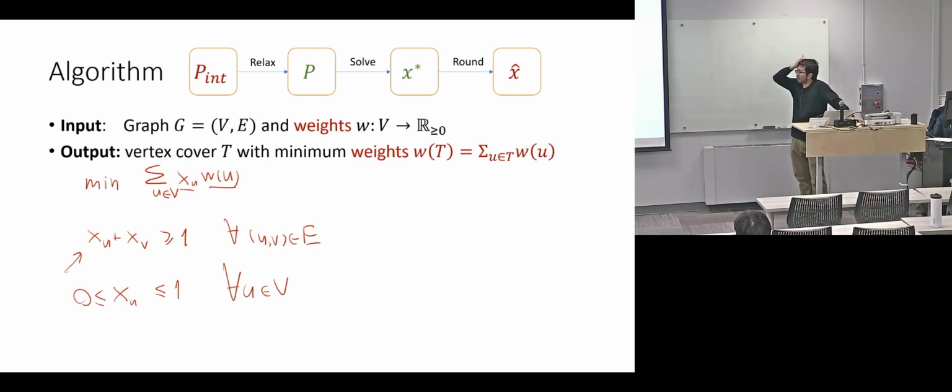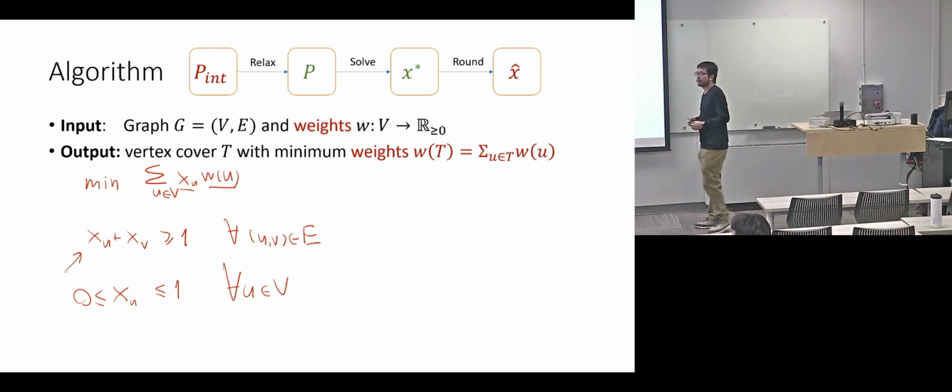So that's an additional constraint that all x values should be less than or equal to 1 and greater than or equal to 0. It used to be either 0 or 1. Now we put basically the same thing, but it's not integer.